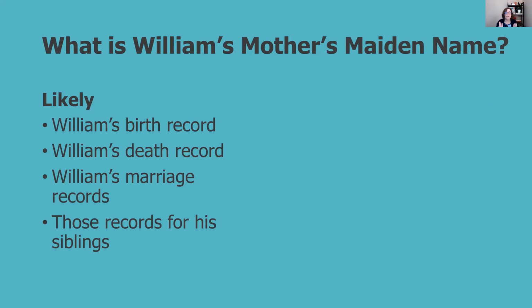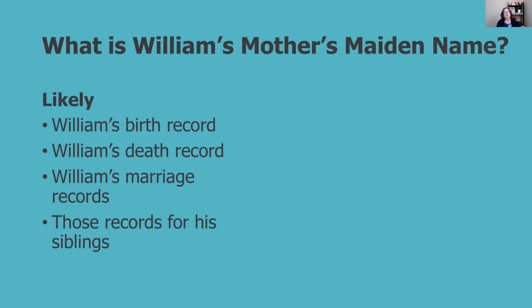It can help focus us because now, when we have a specific research question, we can start to think about the records that are more likely to give us that information. So, things that are more likely to give us the maiden name of William's mother would be William's birth record, perhaps William's death record, his marriage records, and also those records for William's siblings.